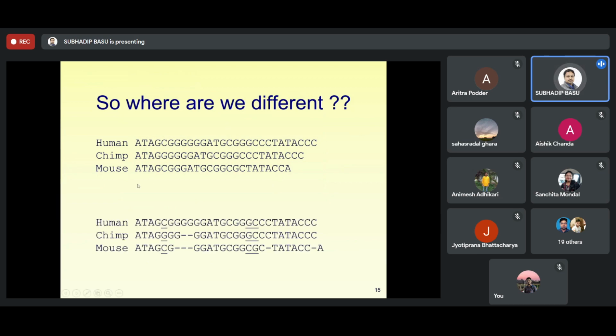You need to align the sequences to identify that, okay, these regions are more or less conserved and there is a mutation. There is a change from C to G and again G to C in this. So there are certain regions where there is a shift, a mutation. Mutation means there is a single point change.